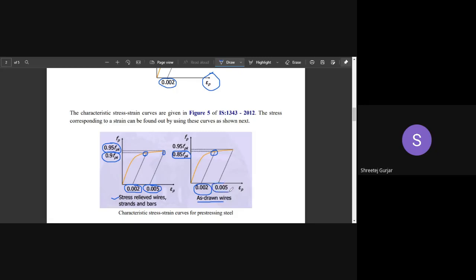But if you look into your strain value of 0.005, you can see the corresponding stress value is the same as that in stress relieved wires, that is 95% of fpk. Right. So this graph you can use to find out the corresponding stress values for your corresponding strain values. So these curves you can find in your figure number 5 of your IS 1343/2012. So this is regarding your stress strain curves.